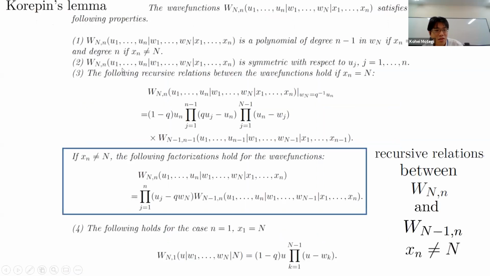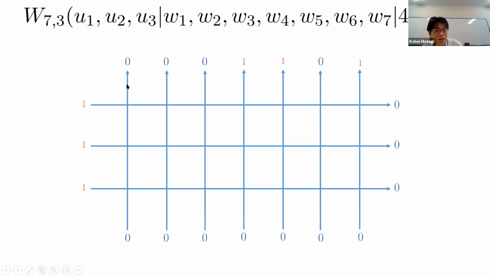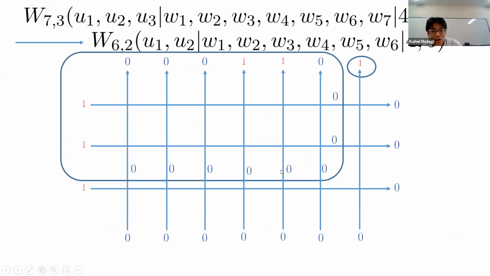And using these three properties, property 1 and 2 and 3, this means that we connect this partition function with a smaller size. And it depends on the sequence of zeros and ones here. So we look at this rightmost part. So in this case, it's 1. So we connect with this smaller partition function.